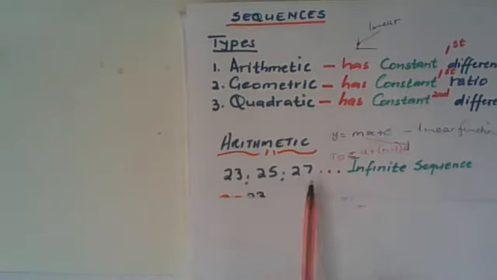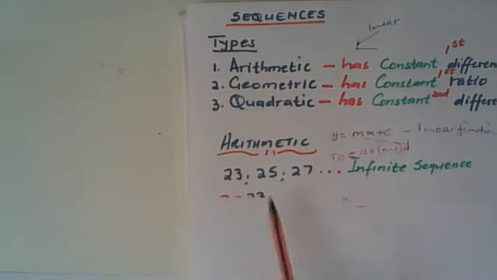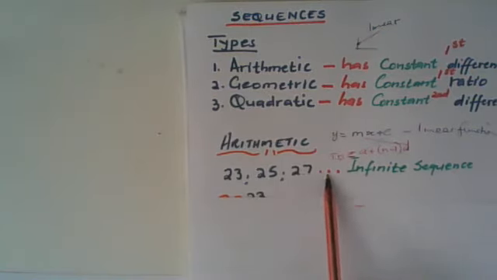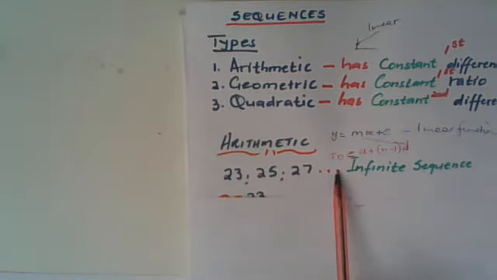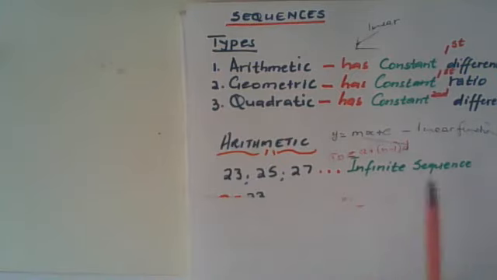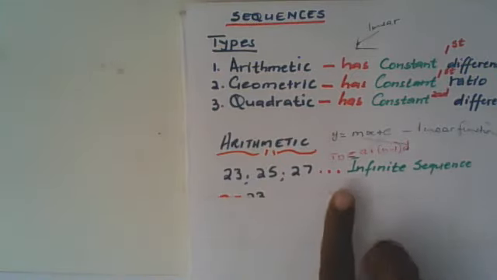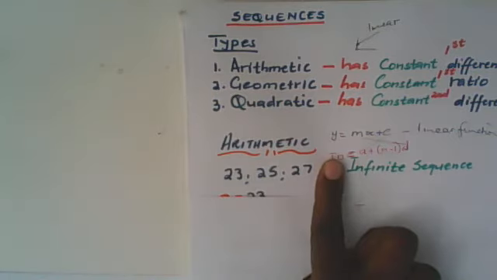Now, let's take this one. You have 23, 25, 27, and then dot, dot, dot. What does that mean? This is an infinite sequence. If it were just 23, 25, 27, that would be a finite sequence, because the last one would be 27.